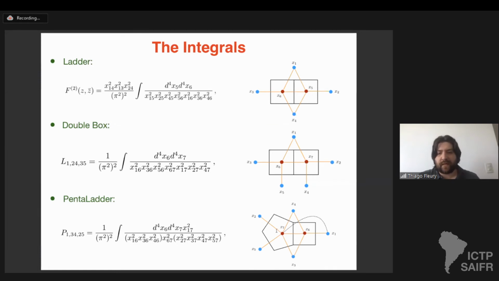And here you have this dashed line for the pentaladder because it has not only propagators, but it has some non-trivial numerators as well. So it's possible to compute these integrals, and we did, for example, in the plane that we are interested in. And so this is what will appear at two loop.